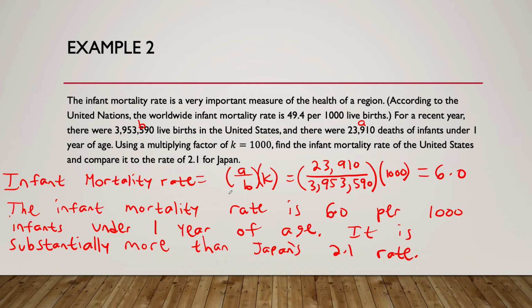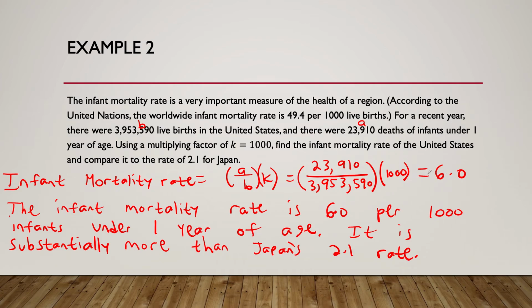So the infant mortality rate would be A divided by B times K. A is the number of deaths, so 23,910. B is the number of live births, so 3,953,590. And K is 1,000. So 23,910 divided by 3,953,590 times 1,000.